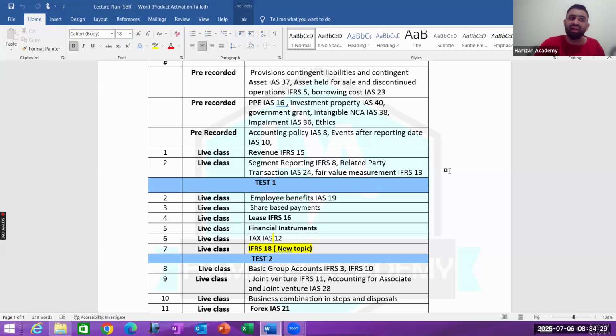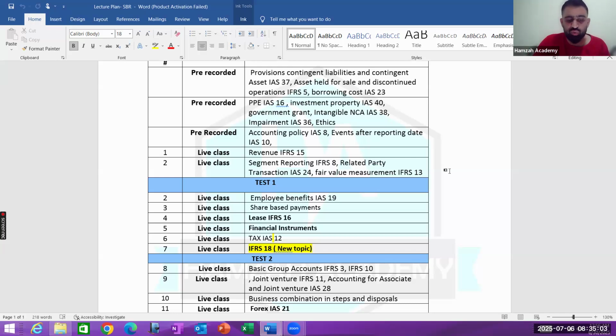A related party is an entity or person who can influence the transactions with the reporting entity, like the directors of the company, close family members of the directors, the parent company, associate companies and subsidiary companies. These are the related parties of the reporting entity.